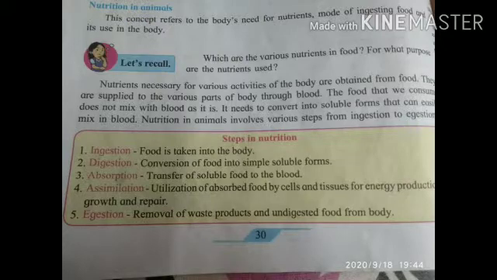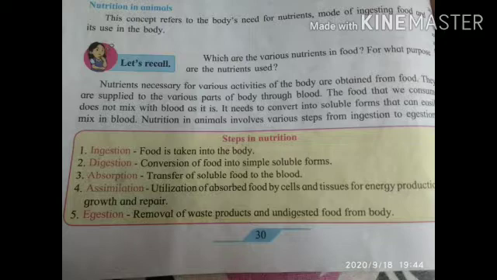Now we will see nutrition in animals. Three factors involved in nutrition in animals are the need for nutrients, mode of ingestion, and their use in the body. Nutrients are obtained from food.